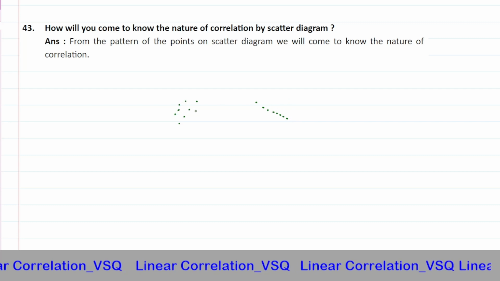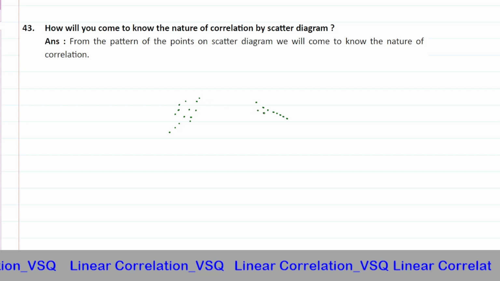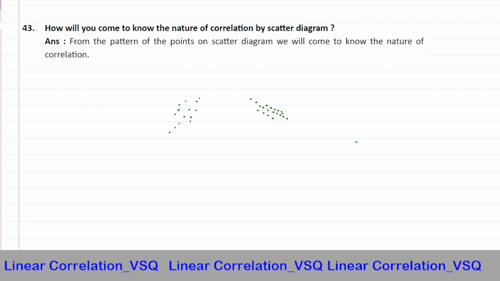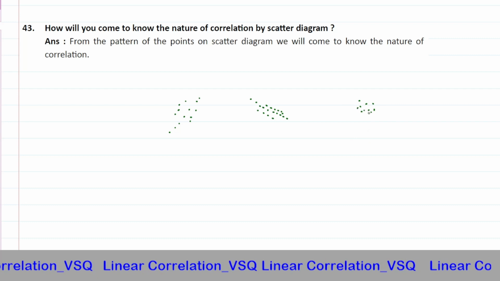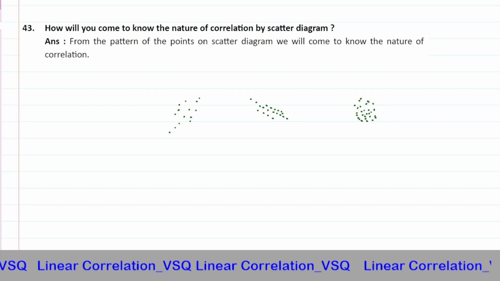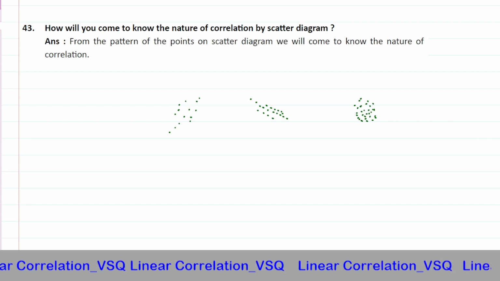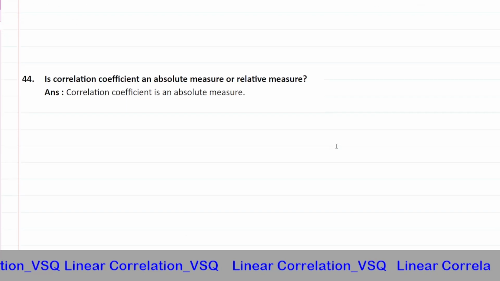All the points lying around a straight line in increasing order, then partial positive. Similarly, all the points lying around a straight line in decreasing order, then there is partial negative correlation. If all the points are randomly distributed, then lack of correlation or absence of correlation. So we will come to know the nature of correlation using the pattern of points of the scatter diagram.